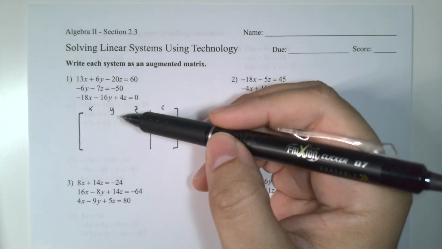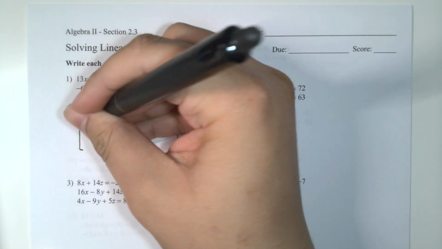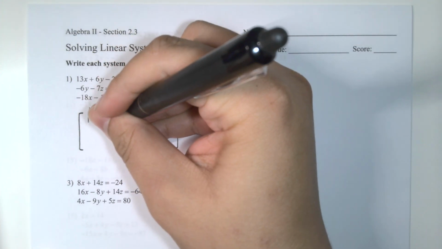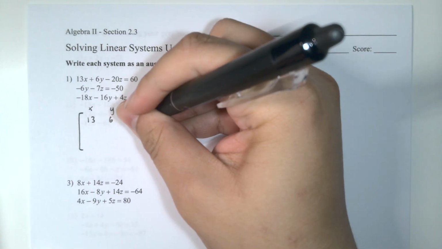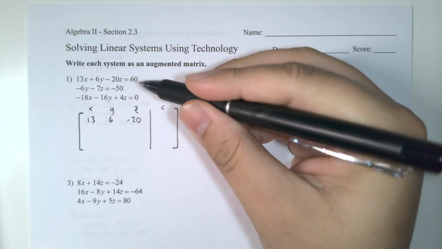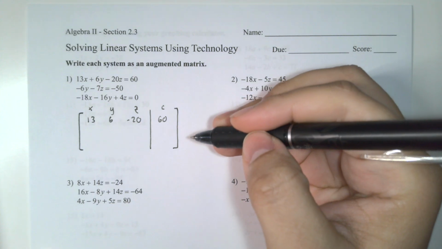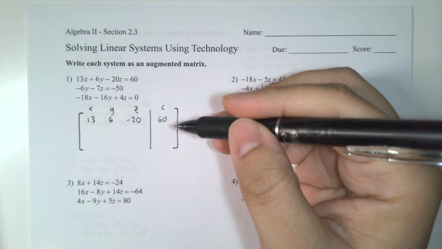end. So if we wanted to write this system of equations as a matrix, in the first equation we have 13x, then we have 6y, and then we have negative 20z is equal to 60. And that would be our first equation represented as a matrix.